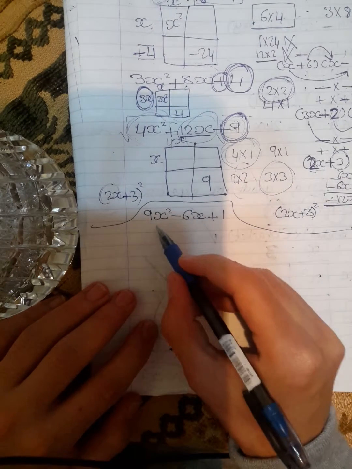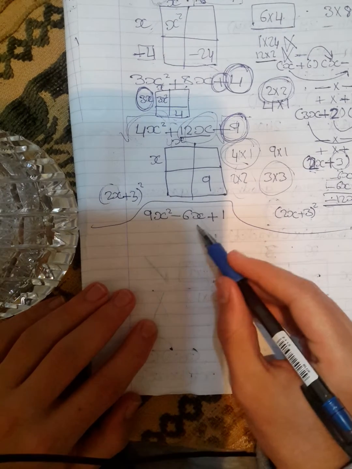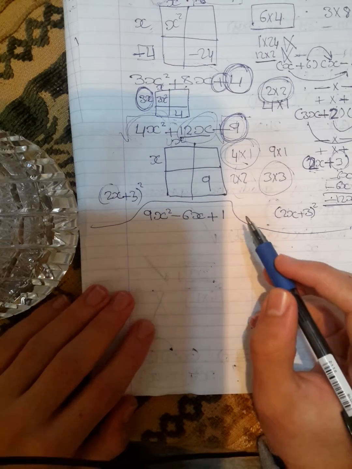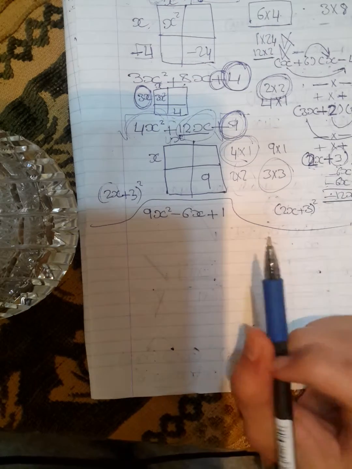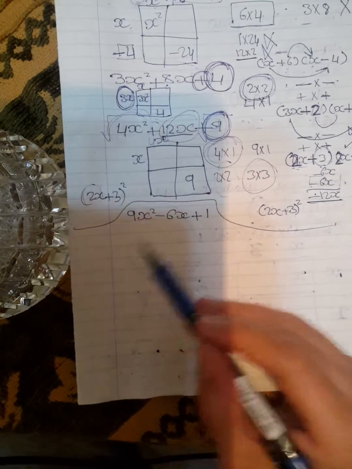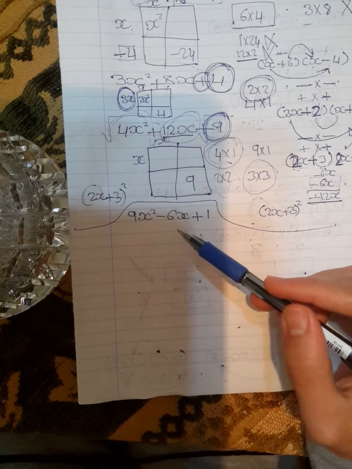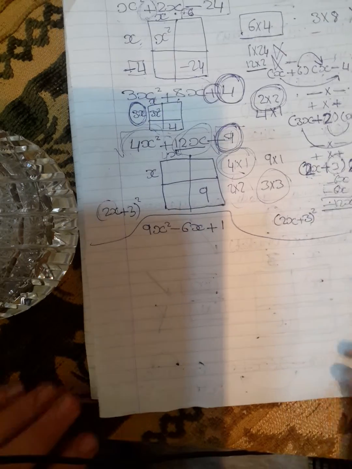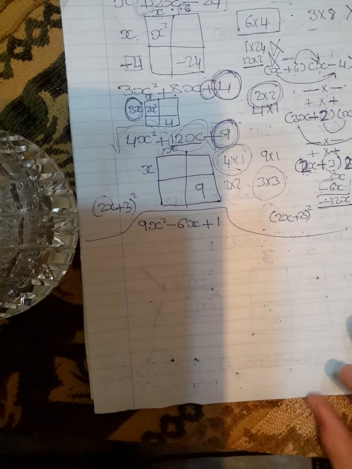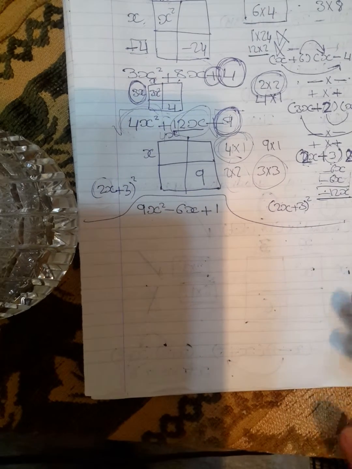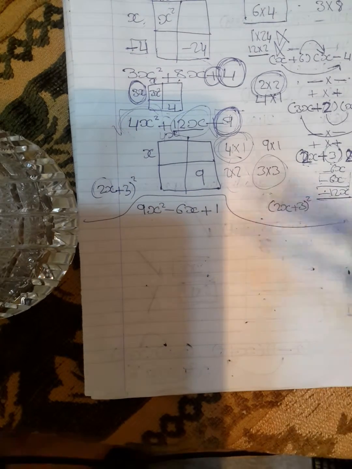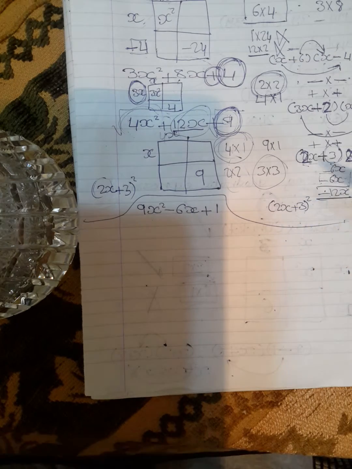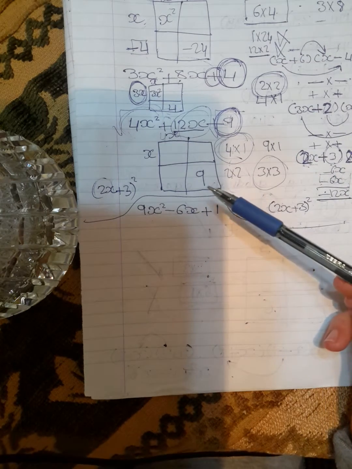I have 9x squared minus 6x plus 1. As I see this problem, let's factorize it the simple way. I will look for a common factor. I can't find a common factor here.